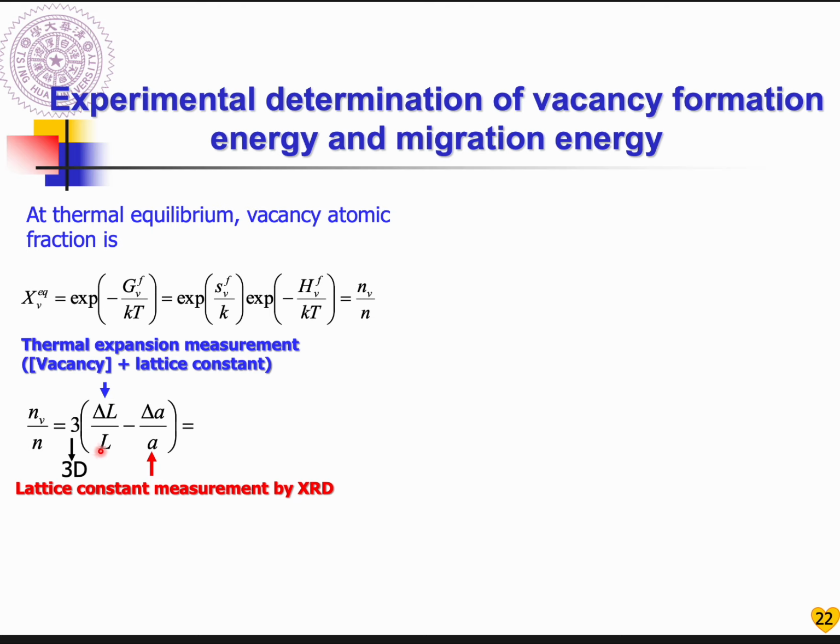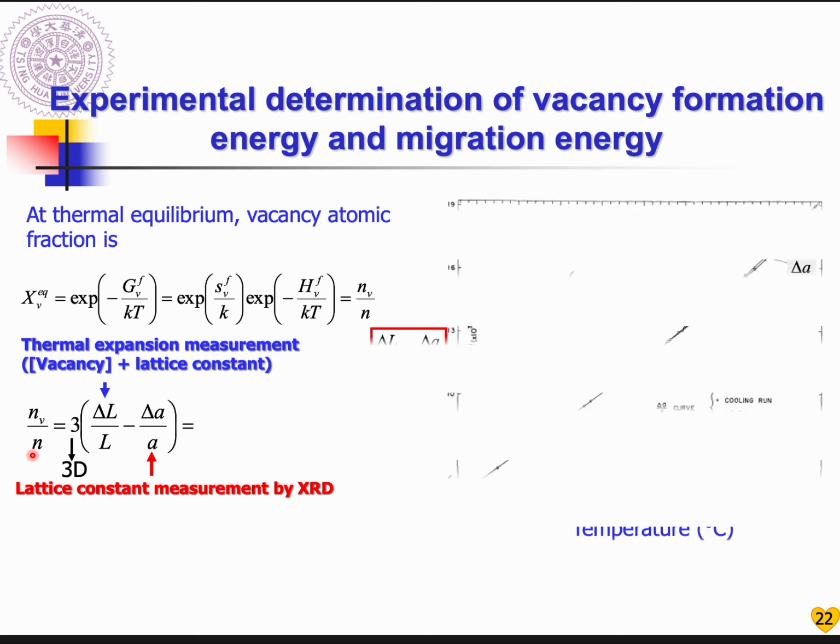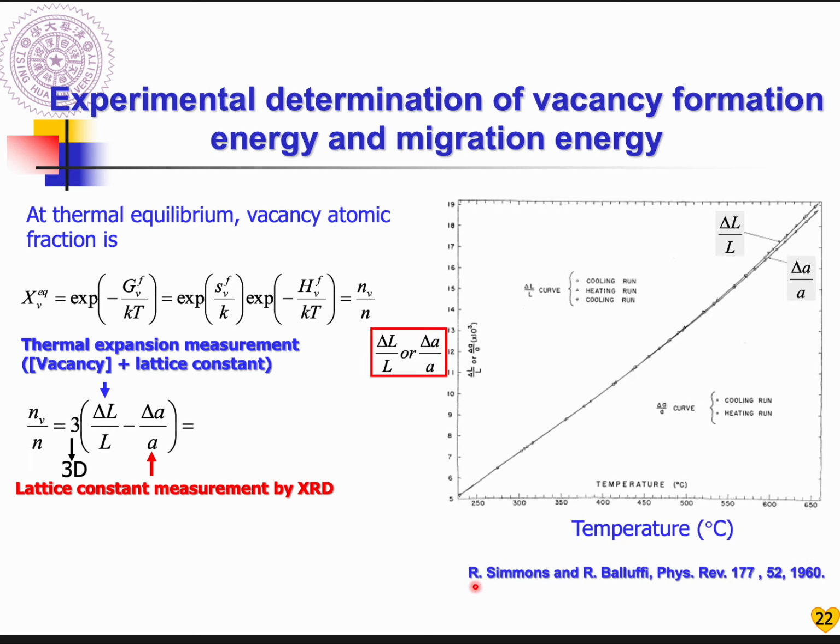Okay, so now we know as long as we measure the change in length at macro scale minus the change in lattice constant measured by XRD, then times 3, then you can estimate the vacancy concentration. So let's grab the data published in 1916, where, as I mentioned, he measured alumina.